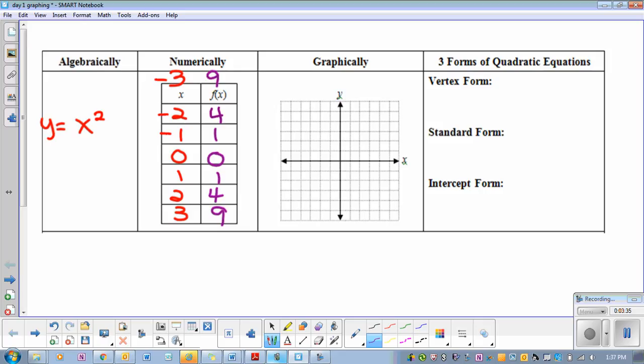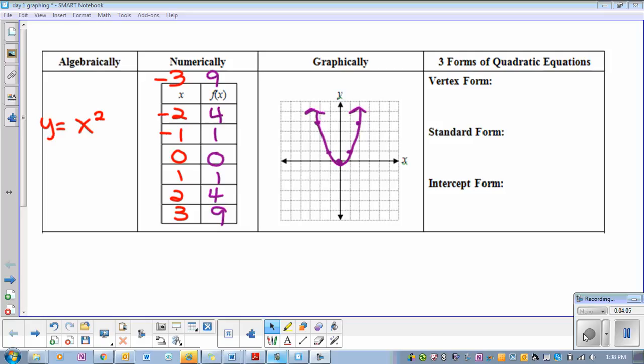That's where we're getting all these values from. Now, let's go and graph this. We can't go all the way up to 3, 9, and -3, 9, which is okay.